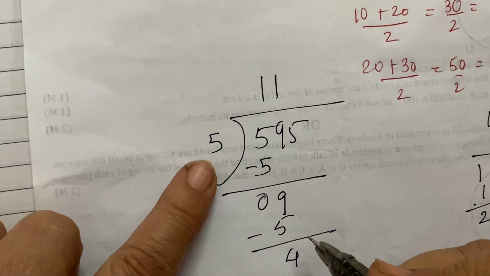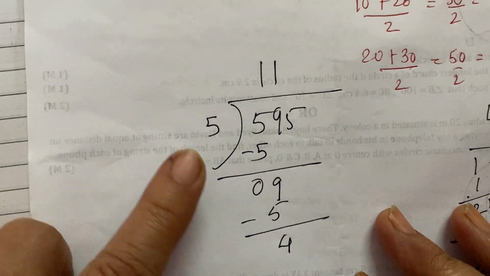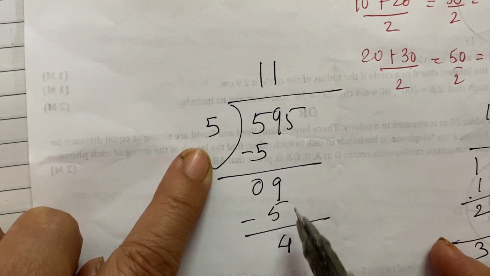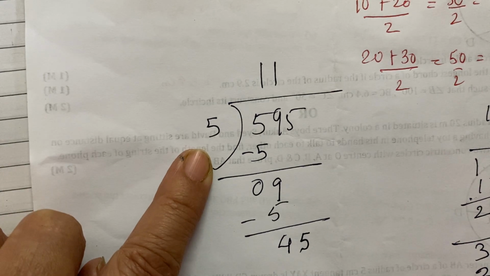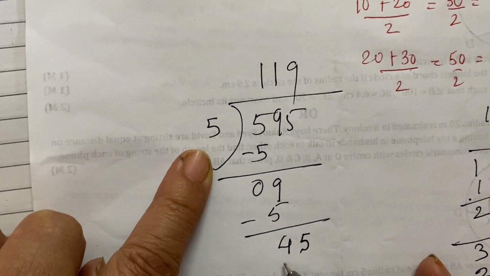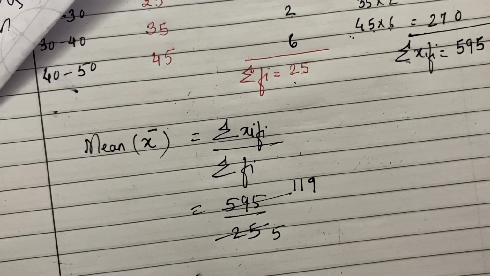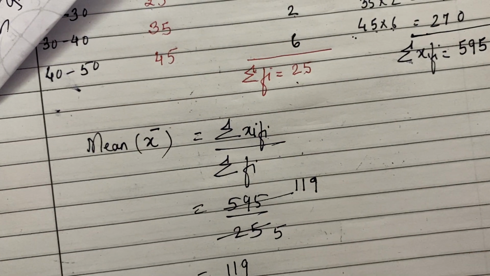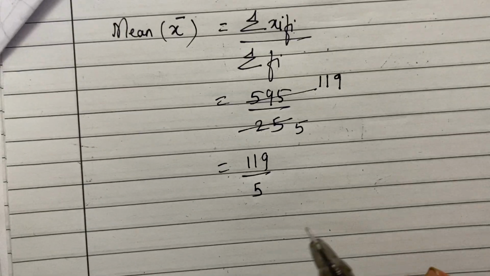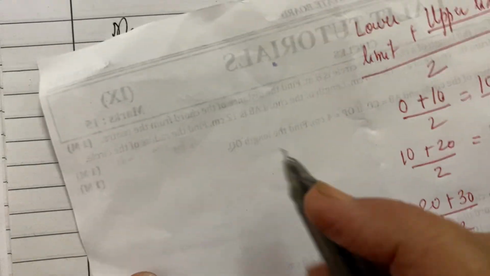This 4 is smaller than the divisor, so you'll have to bring the next digit over here. So 5 how many is a 9s? So here we have answer as 119 divided by 5. Now again we can divide this 119 by 5.